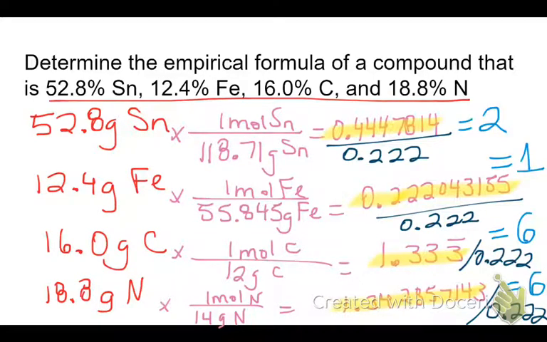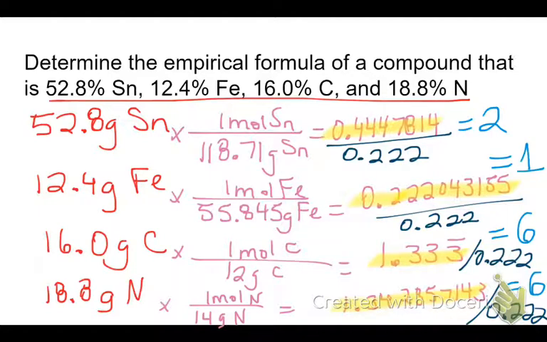Alrighty, so when I divided the first one, I got a number of 2, and 1, and then 6, and then 6. So those are our simple integral ratios, our simplest whole number ratio for this particular compound. And so when we write our answer, I'll write it up at the top in purple. We're going to go ahead and write those numbers as the amount of atoms that we have in our compound.